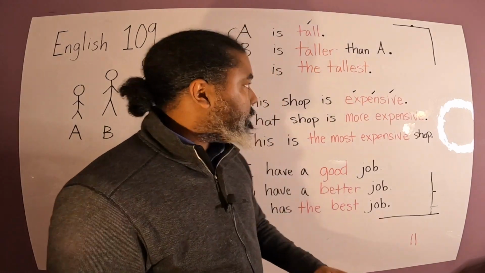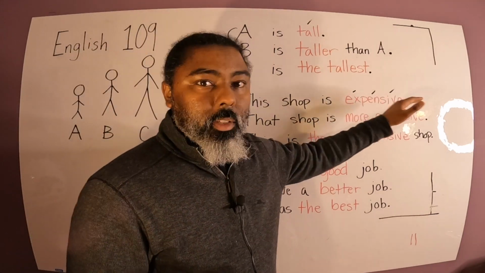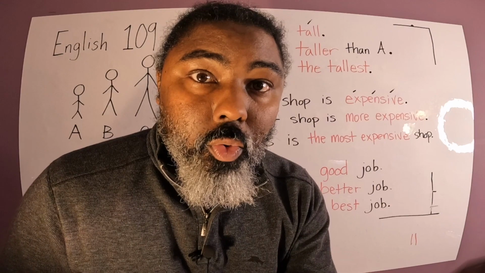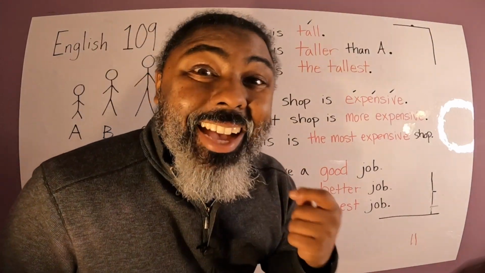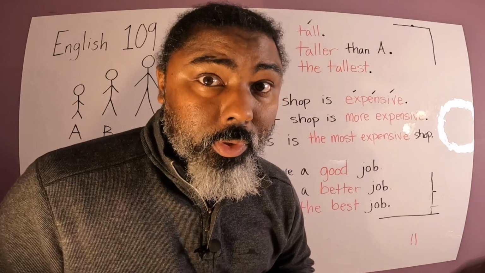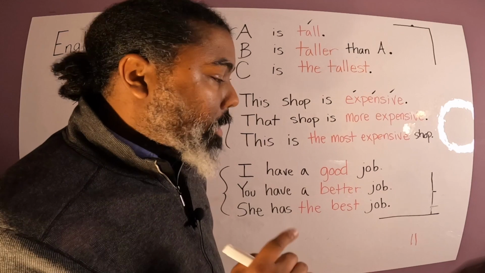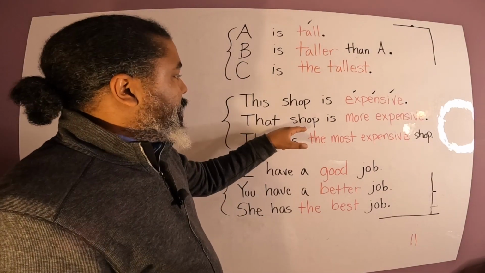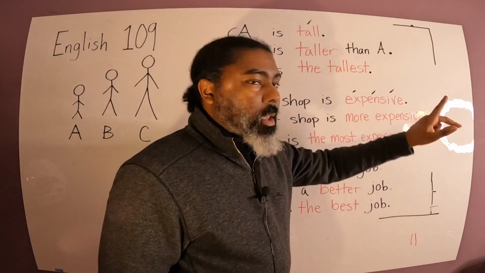Here's an example. This shop is expensive. Expensive is the root adjective, all right? And because there are 3 syllables in this adjective, when we create the comparative, look at what happens. That shop is more expensive.